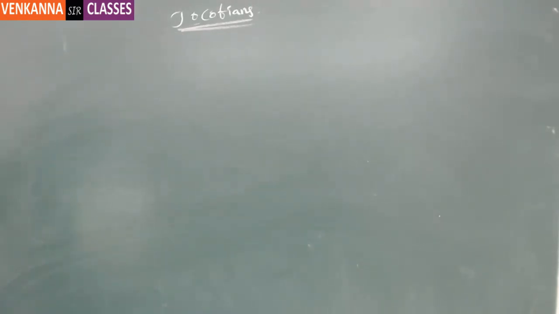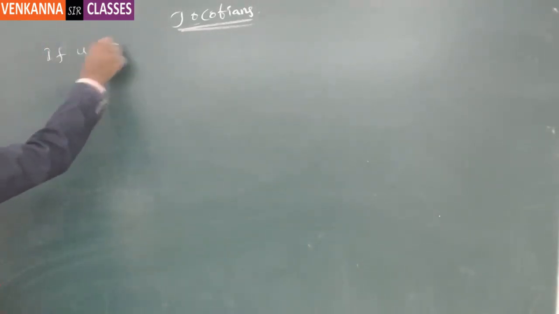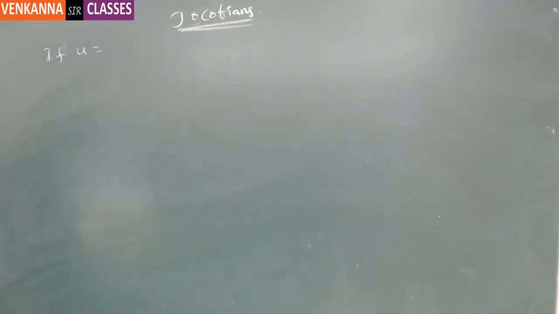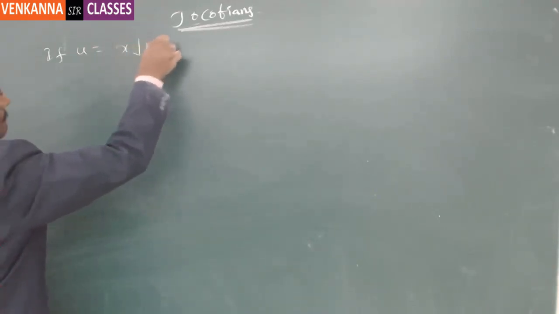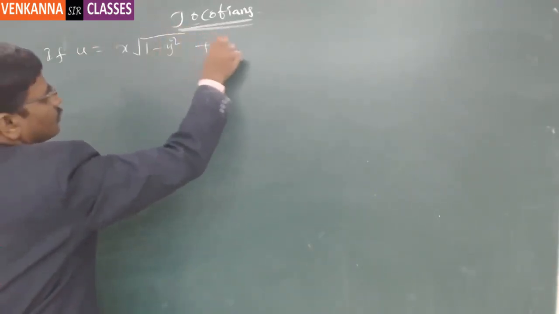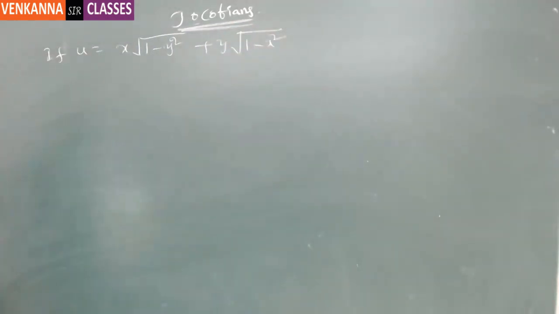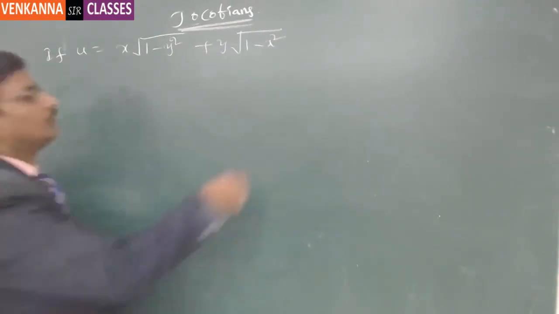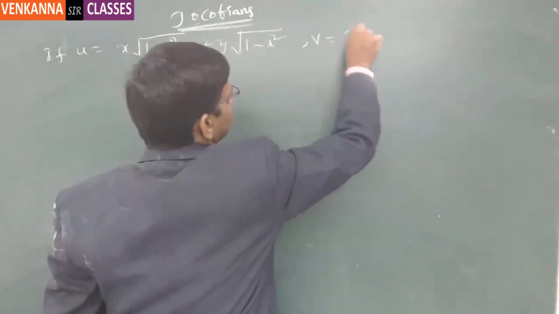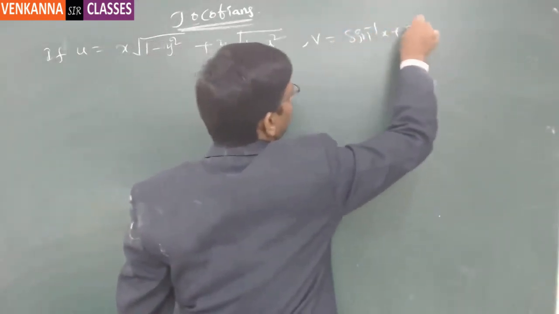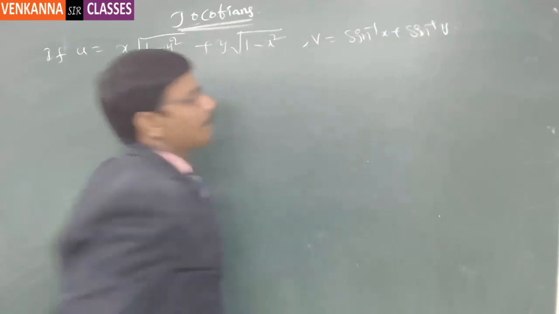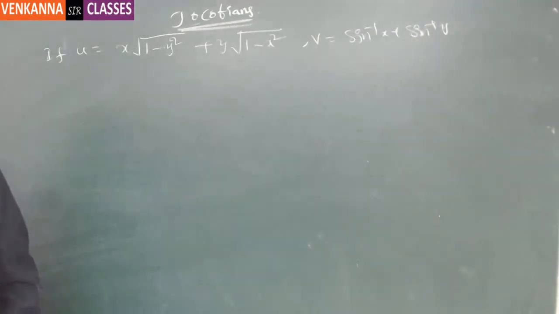If u is equal to x into square root of 1 minus y square plus y into square root of 1 minus x square, comma v is equal to sin inverse x plus sin inverse of y, so that u, v are functionally related.